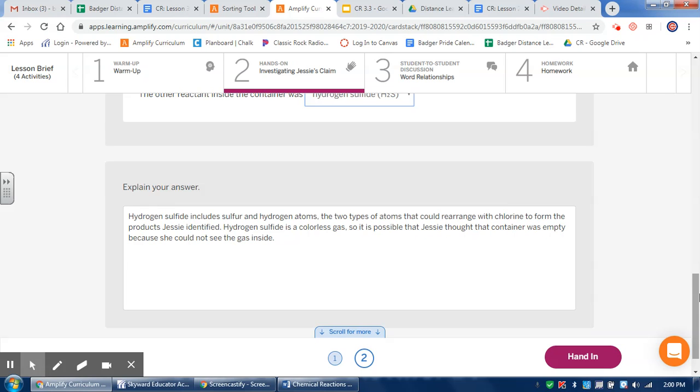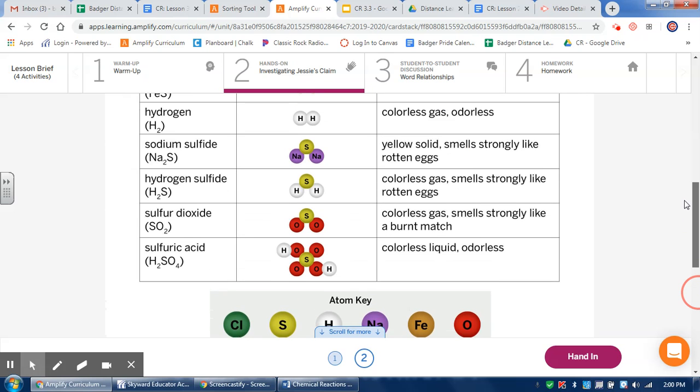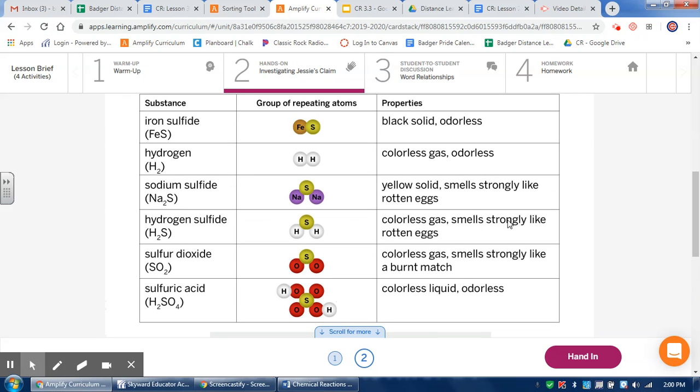Hydrogen sulfide is a colorless gas, so it's possible that Jessie thought the container was empty because she couldn't see the gas inside. If she had smelled inside, which you're really not supposed to do, and it smelled strongly like rotten eggs, that probably would have given her a clue that it was not an empty container. So hopefully this helped.